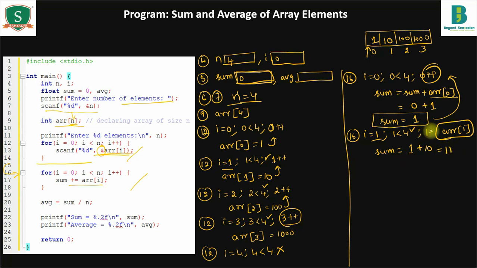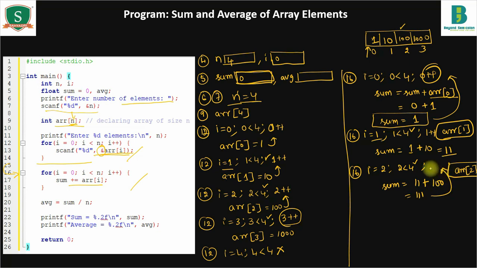After this, 1 plus plus, I value gets updated. 16, I is equal to 2. 2 less than 4, condition is true. Then sum is equal to, sum value is 11. 11 plus array of 2. In the second index, what is the value we are having? 100. 11 plus 100, sum value becomes 111.